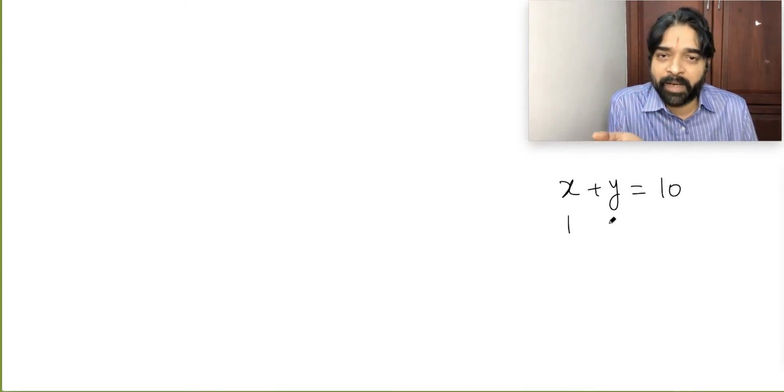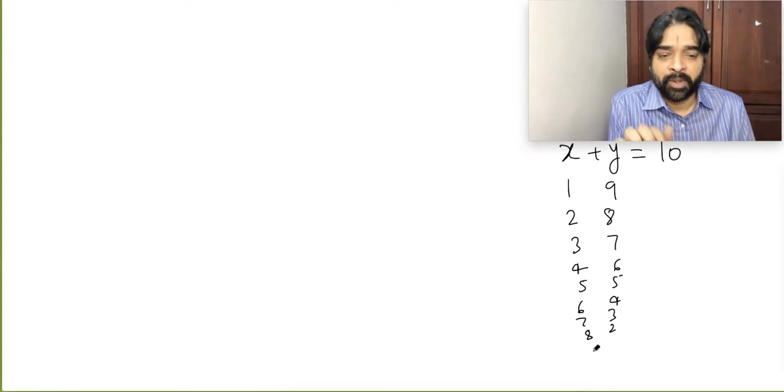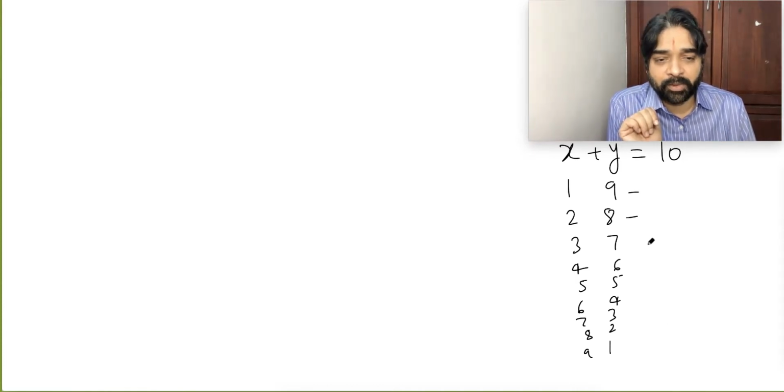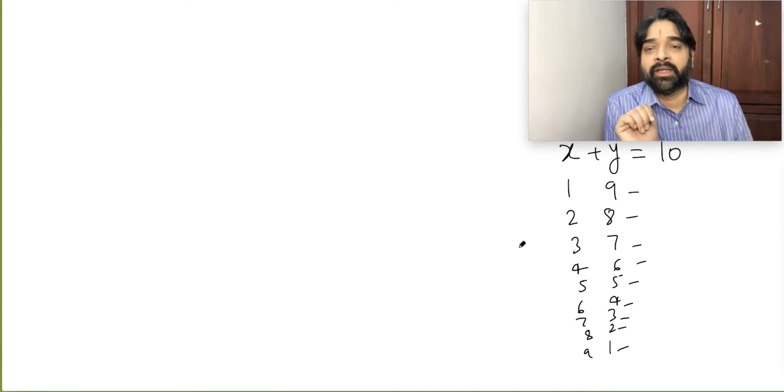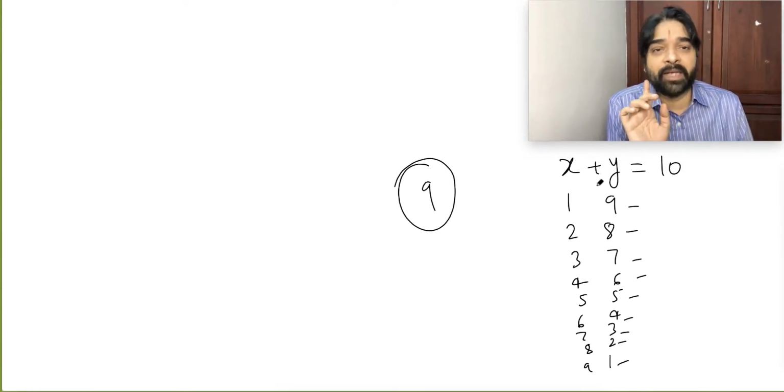We can manually do 1 9, 2 8, 3 7, 4 6, 5 5, 6 4, 7 3, 8 2, 9 1. That's all. How many solutions are coming? 1 2 3 4 5 6 7 8 9. 9 solutions. Yes or no? So this equation now has 9 solutions.